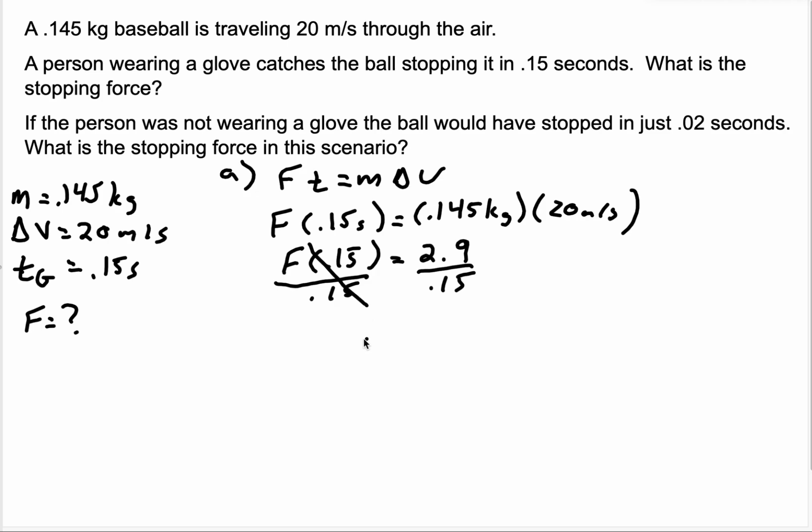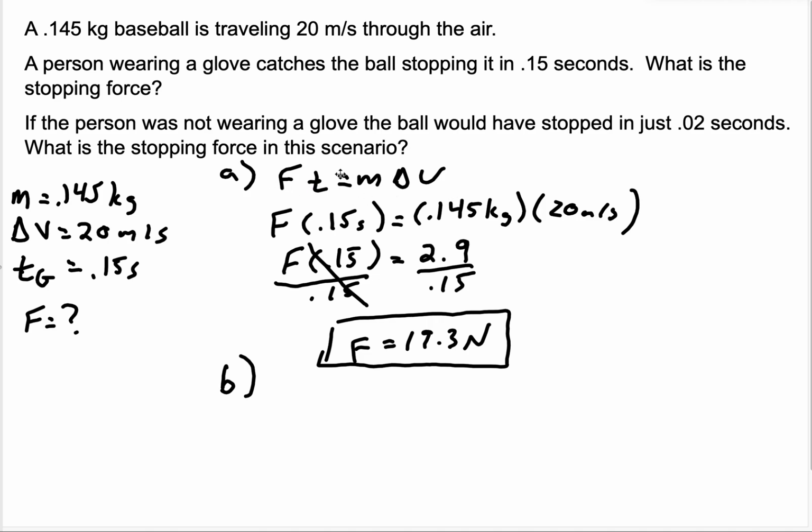Those go away. And 2.9 divided by 0.15, I can't do that in my head. I got it to be 19.3 newtons. Can someone confirm that with me? Okay, got it right.